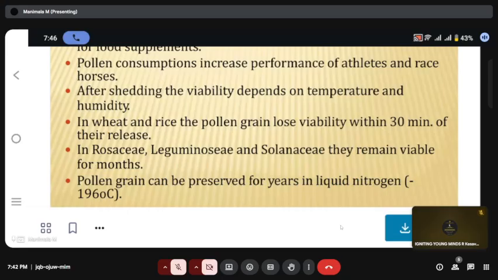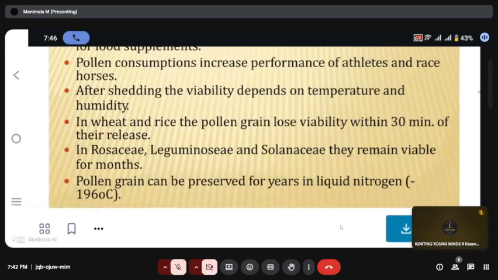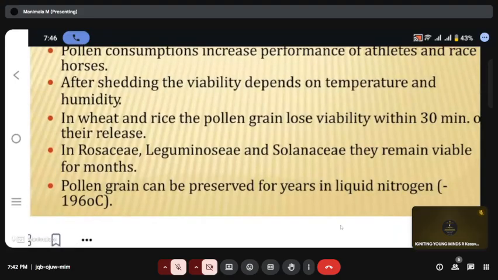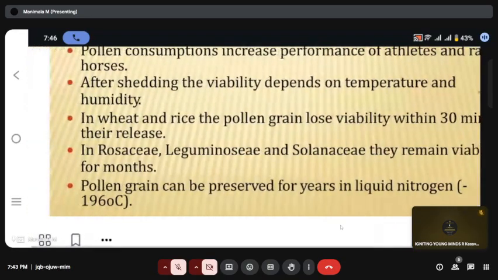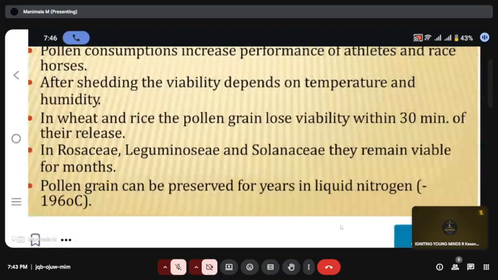Leguminaceae are all the pulses plants, like pea, beans and grams. Solanaceae are potato and tomato. Viable means it can undergo fertilization and fusion. In these plants it remains viable even 30 days after.